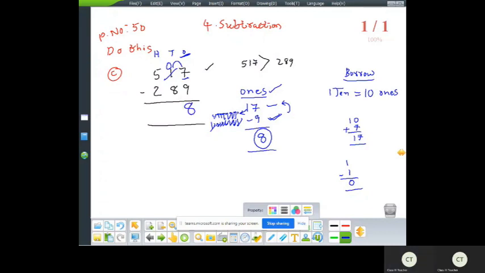Next, subtracting in the tens place. The digits in the tens place are 0 and 8. 0 minus 8. We cannot take 8 from 0, because 8 is bigger than 0.